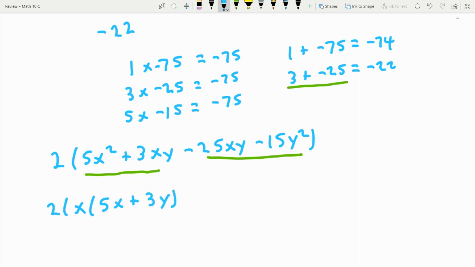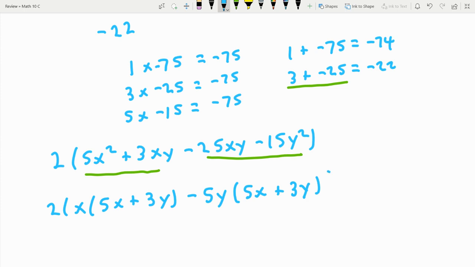And then for my second one, a greatest common factor would be negative 5y. So what I should have left inside would be 5x plus 3y, because I pulled out two negatives to get the negative 5y.